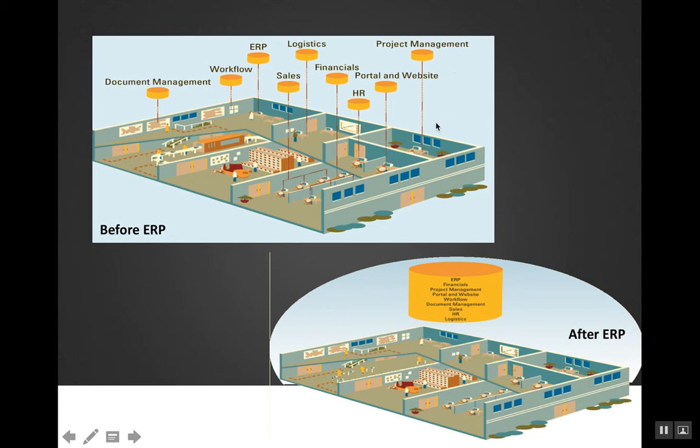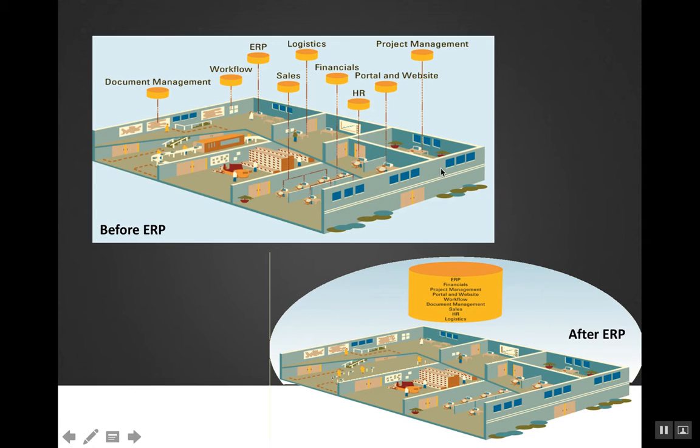Each are independently run. Each one is basically its own data domain. So the data that's in project management systems is not necessarily related to any of the data that's in the logistics application, though the reality is some things can actually be connected.